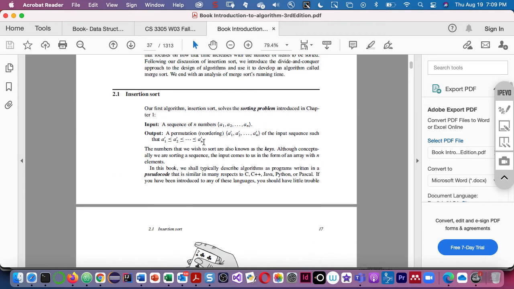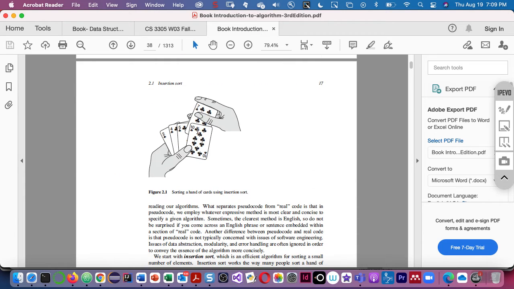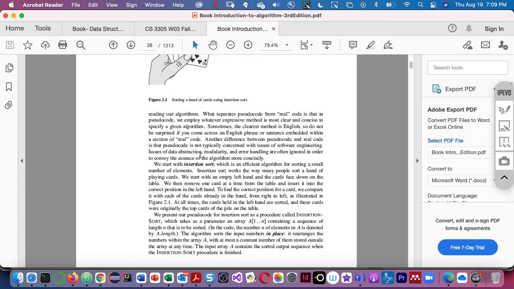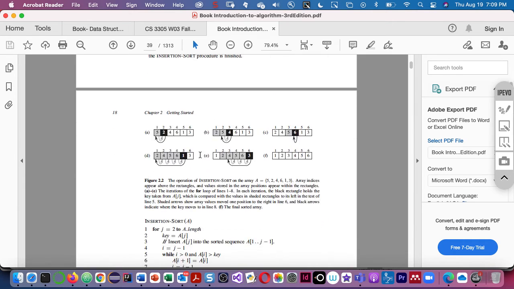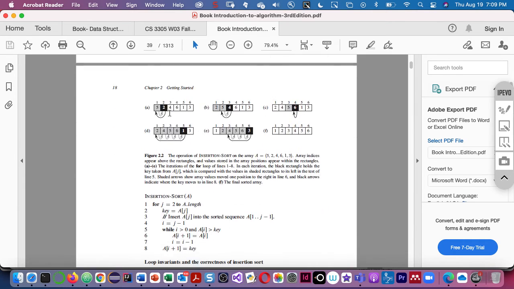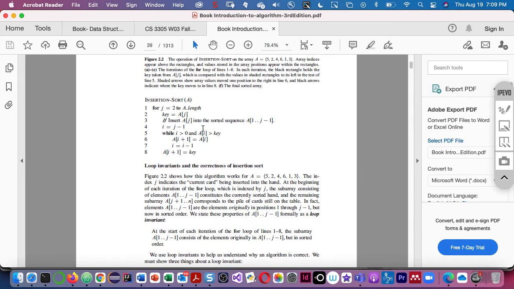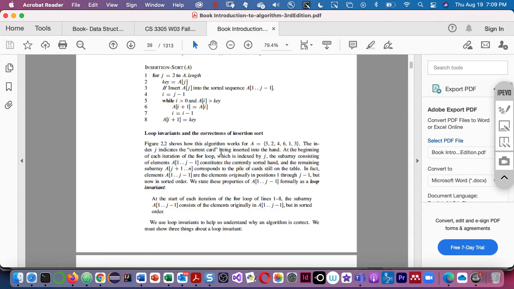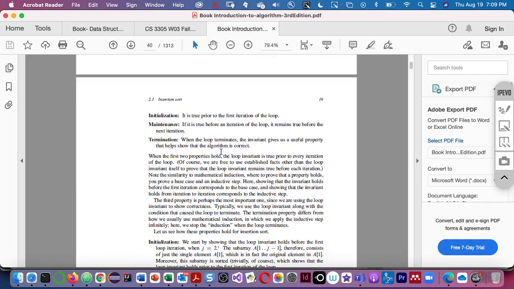So chapter 2. This is the insertion sort people use, right? So how do they sort this? Like playing cards, they use this one. So this is the loop. This is one for loop, and within the for loop there is a while loop. So n times n, n squared.